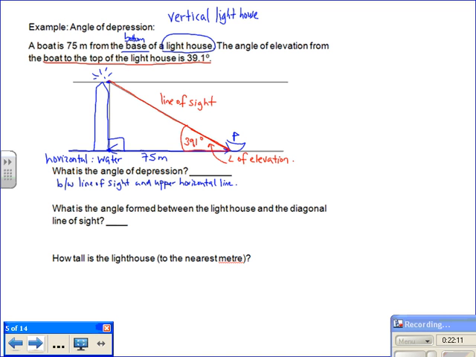All right, so up at the top of my lighthouse, I could just take my ruler and draw a line that's parallel to the water, and that would be an upper horizontal line. It's important to do that because that tells me that the angle of depression is going to be between that upper horizontal line and the line of sight. So there's the angle of depression right there. That's my angle of depression.